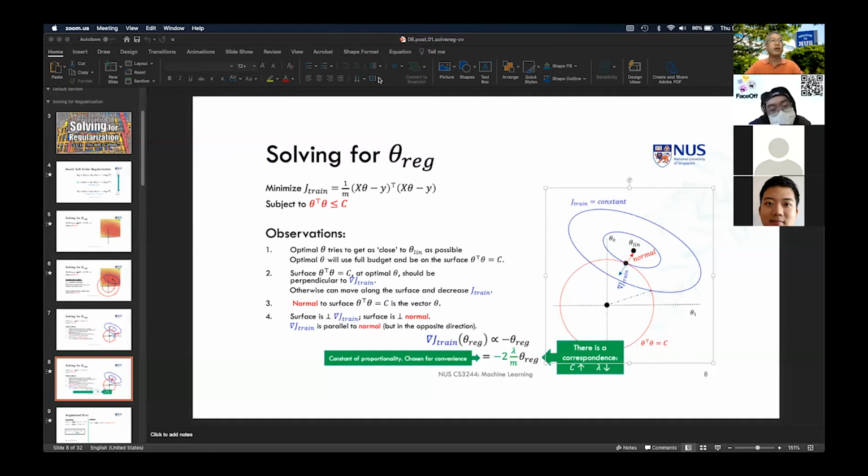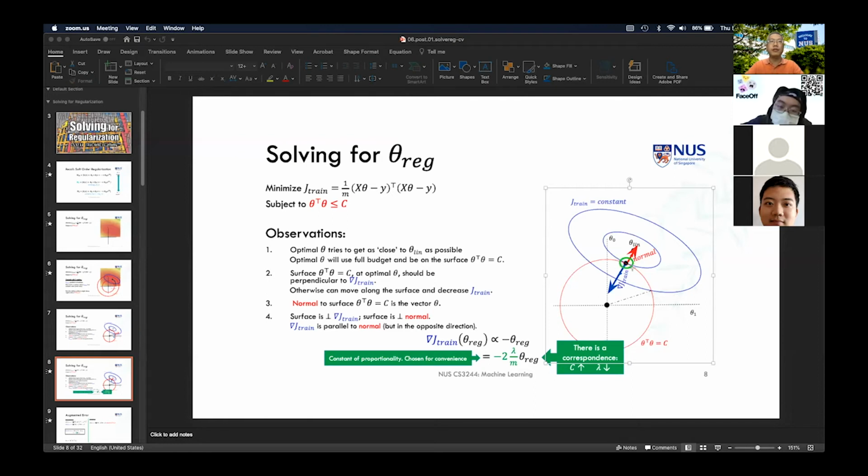Does that make sense? Because we have this normal coming from the circle and this loss function, J train, pointing in the opposite direction, when these two are exactly pointing in opposite directions to each other, that is the correct spot for us to choose the best solution to this problem.